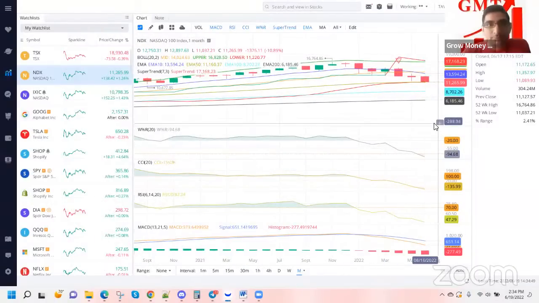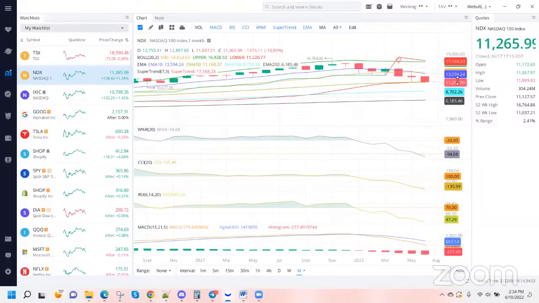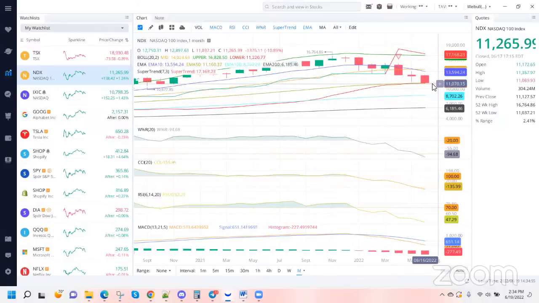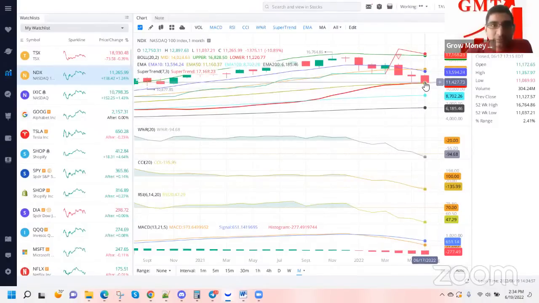So looking at Nasdaq 100 on the monthly chart, it's sitting at the lower Bollinger Band, where EMA 50 and the lower Bollinger Band are both coinciding at close to 11,160. Indicators are in the oversold region, looking at Williams R, CCI, and RSI at almost 47.